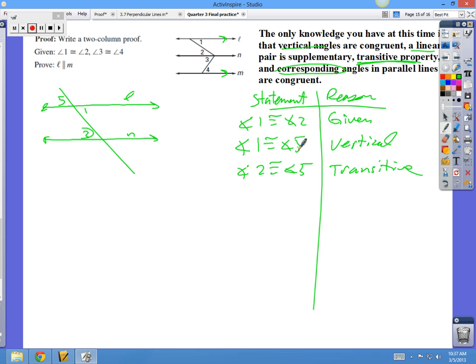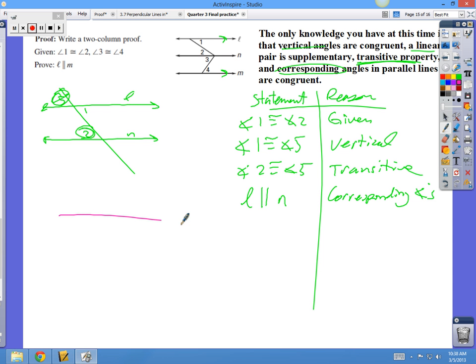So now I can say 100% L is parallel to N because 2 and 5 are equal, and 2 and 5 are corresponding angles. Okay. I have got L is parallel to N.